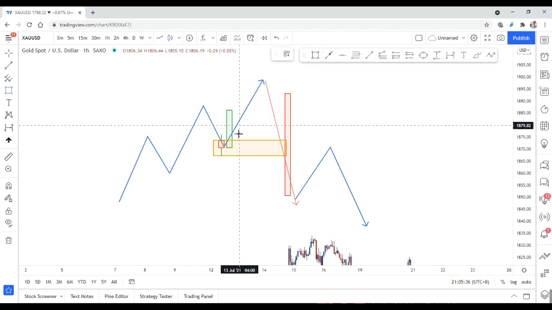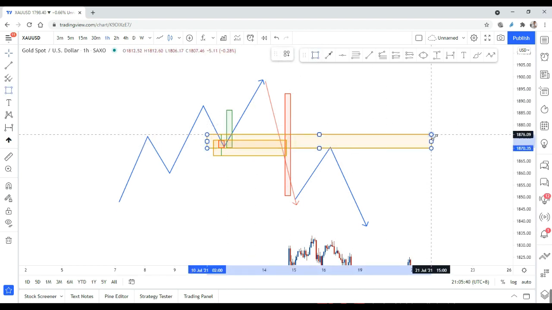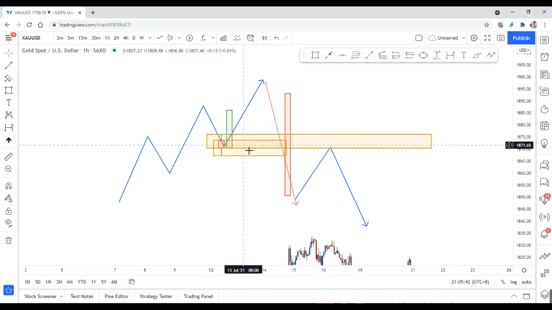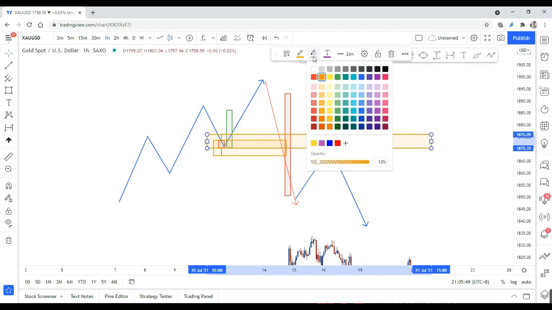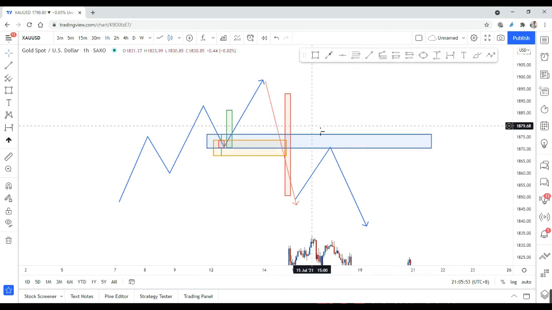Now your entry point will be from the body to the highest wick. You mark it as a supply zone. Let's make this a different color so that you guys won't get confused. So you assume it as a supply zone. The price will come back to this area and then continue to drop.